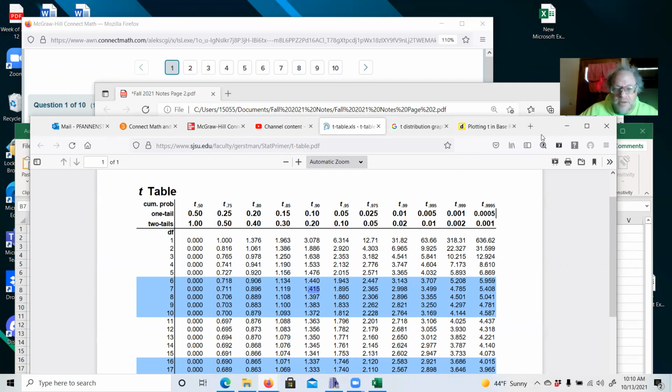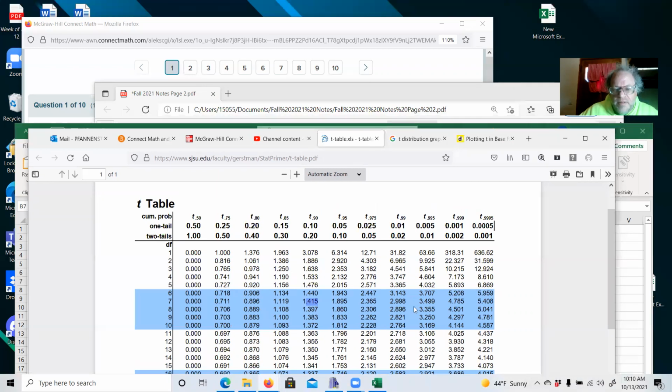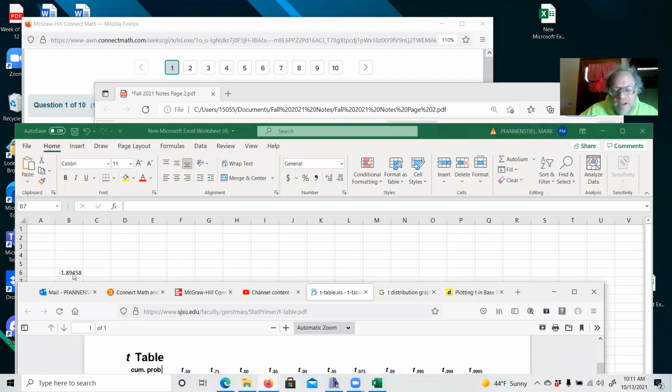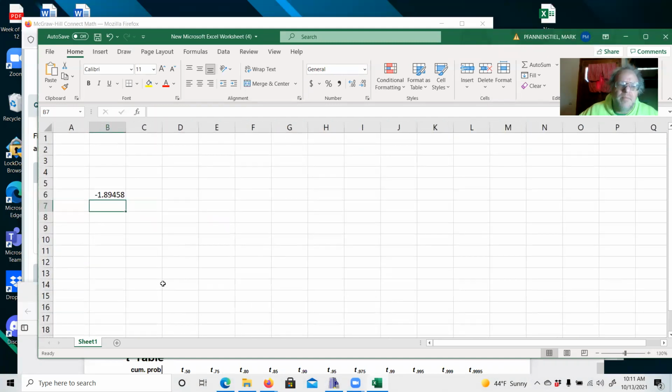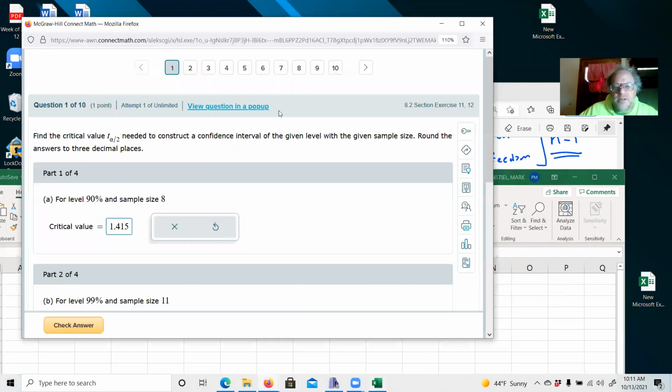So we take a dime into a nickel. 1.895. What did I say in Excel? 1.895. 0.05, 8 minus 1, 7 degrees of freedom, 1.895. So I'm going to change my answer here.